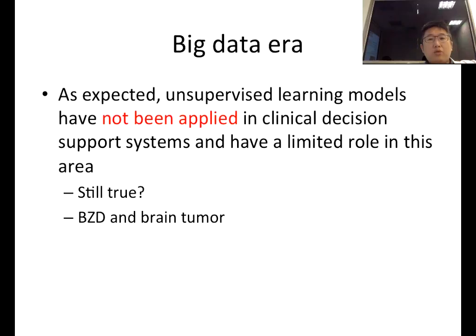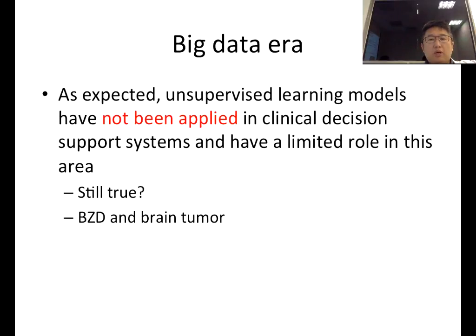We try to search for a hypothesis, then use traditional supervised learning methods to prove it. So I think for you right now the best chance is to learn to apply different unsupervised learning methods.